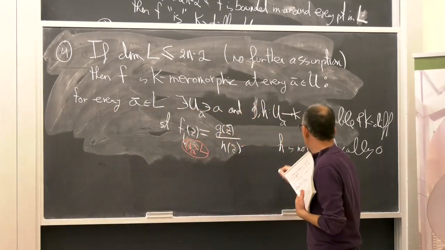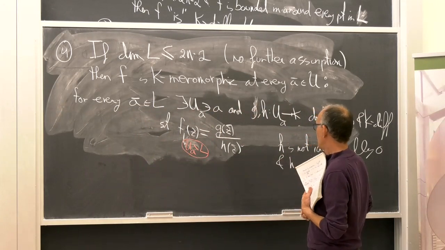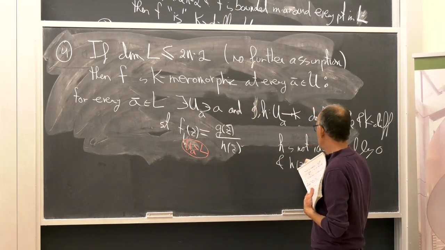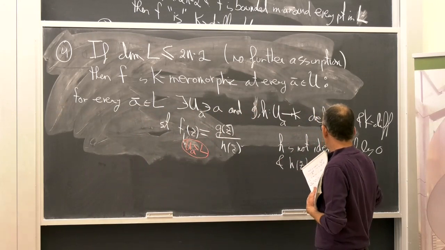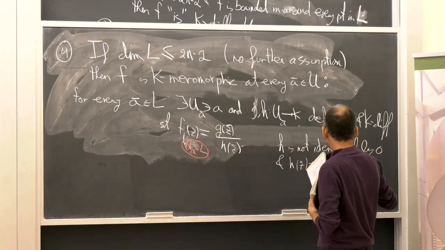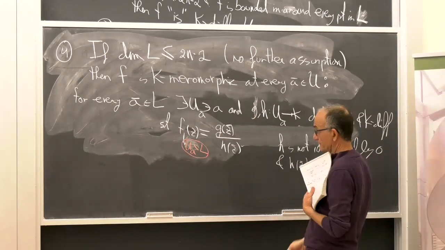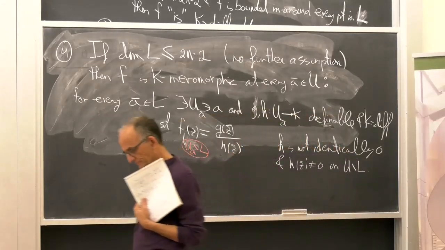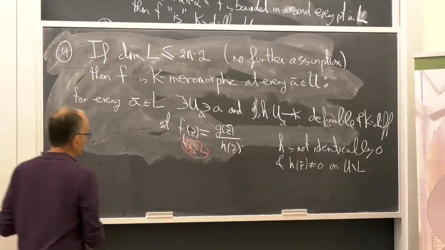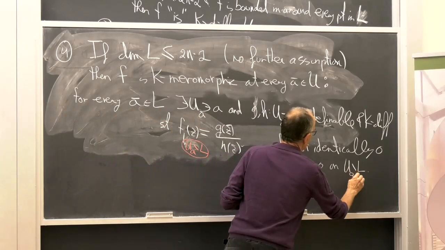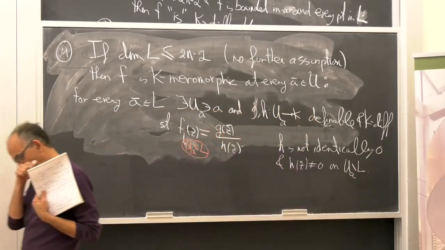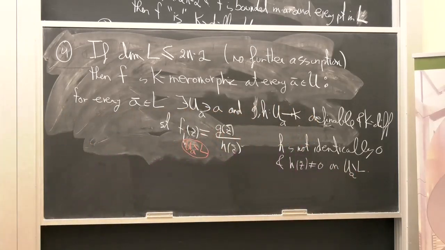Then for this to be definable, H(Z) is non-zero on U minus L. I agree. Now suspicious, why?